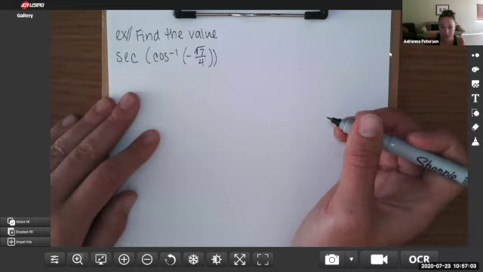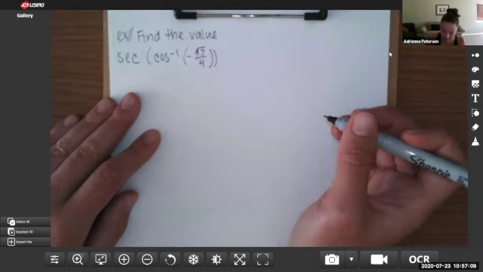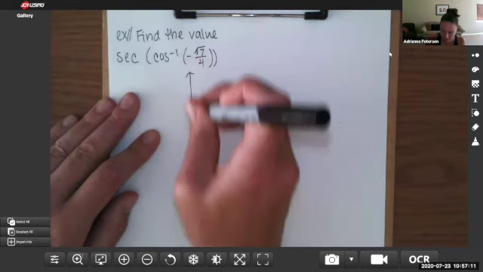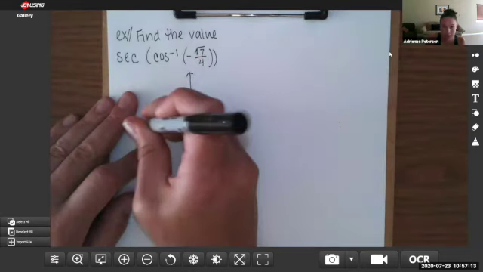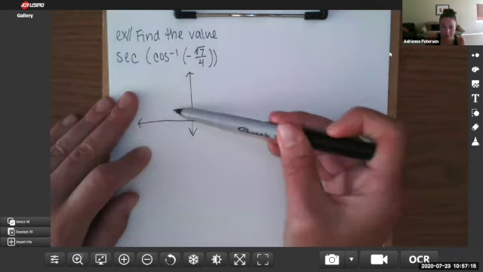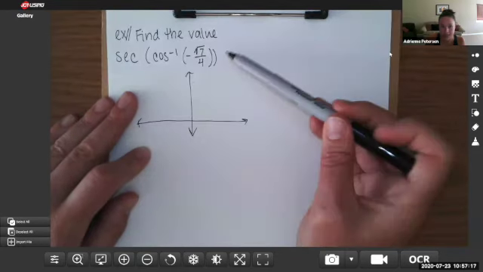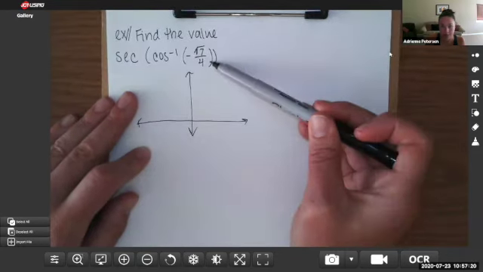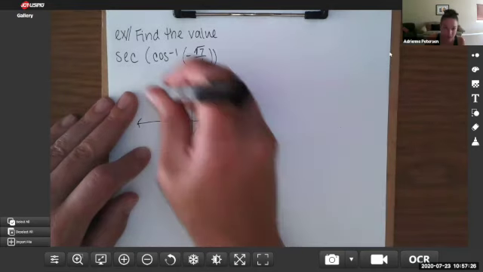The inside operation is inverse cosine of -√7/4. Inverse cosine says, let's find an angle between 0 and pi whose cosine is -√7/4. So if cosine is negative, that puts our angle in the second quadrant.